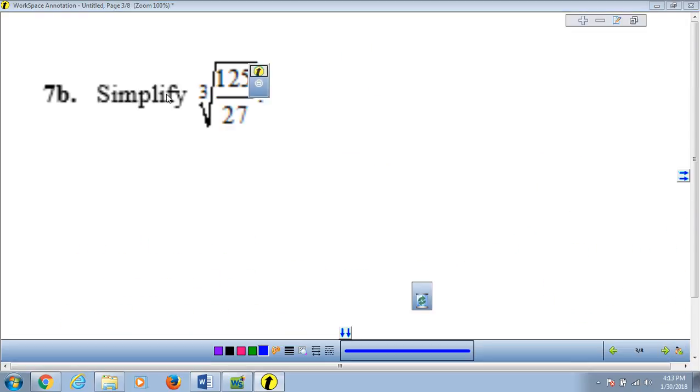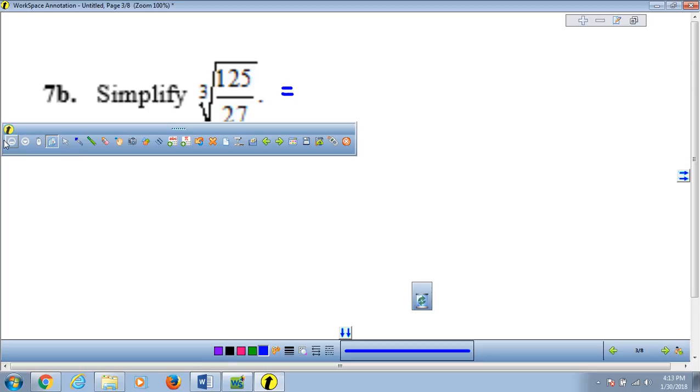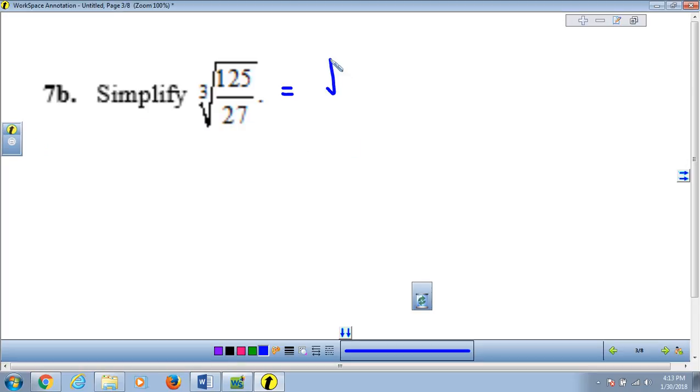This next one is a simple problem where you're going to apply the quotient rule. The quotient rule says that if you have a single radical and there's a division inside of this radical, and by the way, this root is a cube root, you could easily break this apart to work it by pieces. Work with a radical on the numerator, a radical on the denominator. These two numbers have a perfect cube root.